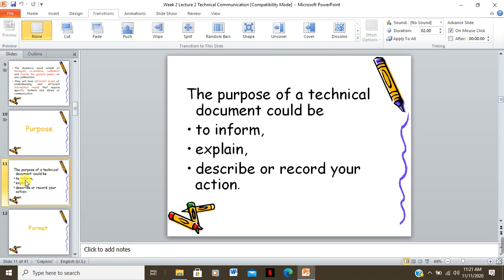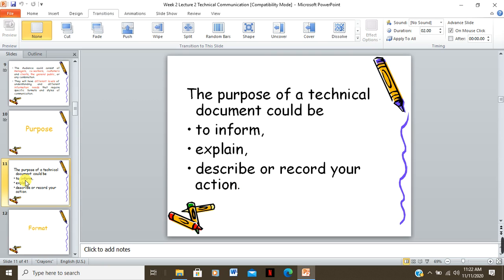Or even if it is a piece of answer to a query from an outside party, not horizontal, say a customer who has sent you a request for the invoice of a certain device that he or she wants to purchase from your firm, then you need to inform as well as explain, and describe the items that person has asked you to deliver to their place, or the service they need.